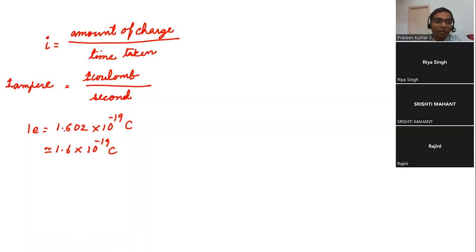Okay. Now, if this is the amount of charge of one electron, if it has to be 1 coulomb, can I write this as 1 coulomb is equal to some x number of electrons times the charge of each electron? The charge of each electron is 1.6 × 10^-19 coulombs, divided by 1 second.